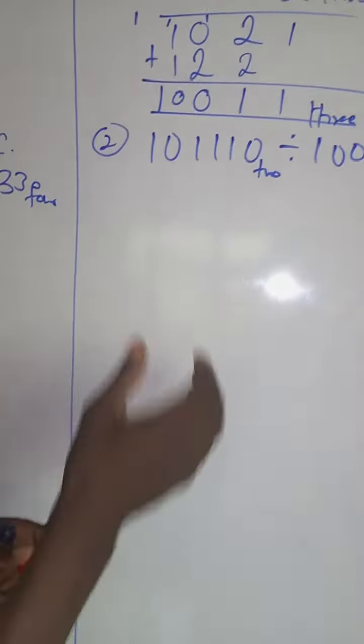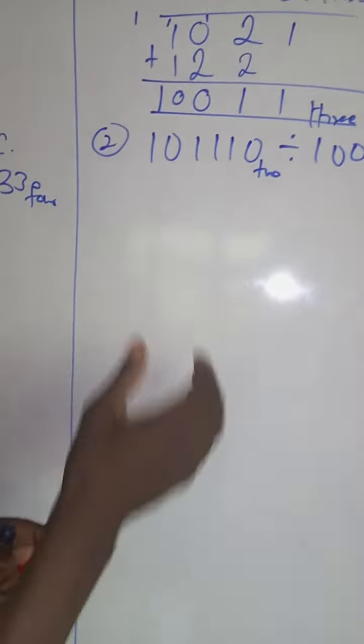If I'm converting it to base 10, I have 101110. So 2, 2, 2, 2, 2, 2, with power 0, power 1, power 2, power 3, power 4, power 5. So this one is cancelled. Anyone with 0, I cancel it out. This raised to power 5 is 32.